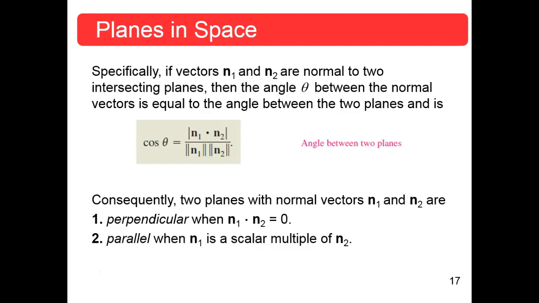In other words, when you look at the normal vectors and see that one is a multiple of the other, that means their normal vectors are the same vector. They're just different in magnitude, but in the same direction. That means that the two planes are parallel. Okay, let's see if we can see some examples.